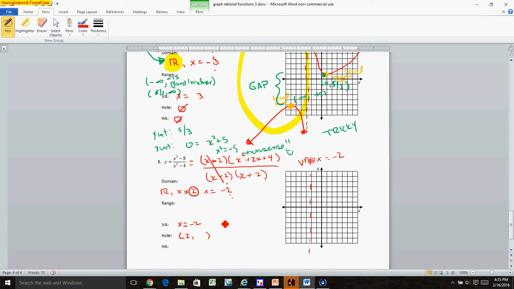Alright. So I'm going to plug 2 into here, and what do I get? 4 plus 4 is 8, 9, 10, 11, 12. So that's going to kind of be up here, right?